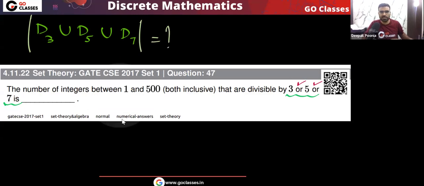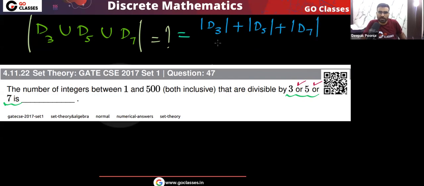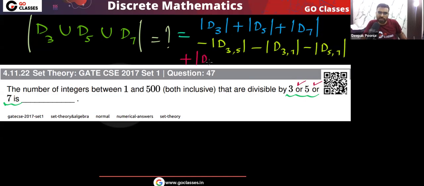So here we can apply the inclusion exclusion principle. That will be equal to how many are divisible by 3, plus how many are divisible by 5, plus how many are divisible by 7, the singles, plus the doubles minus: how many are divisible by 3, 5 both, minus how many are divisible by 3, 7 both, minus how many are divisible by 5, 7 both, plus how many are divisible by 3, 5, 7, all of them.